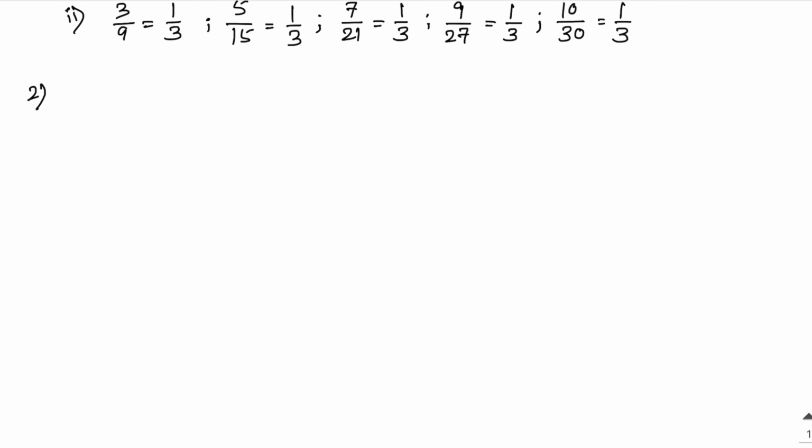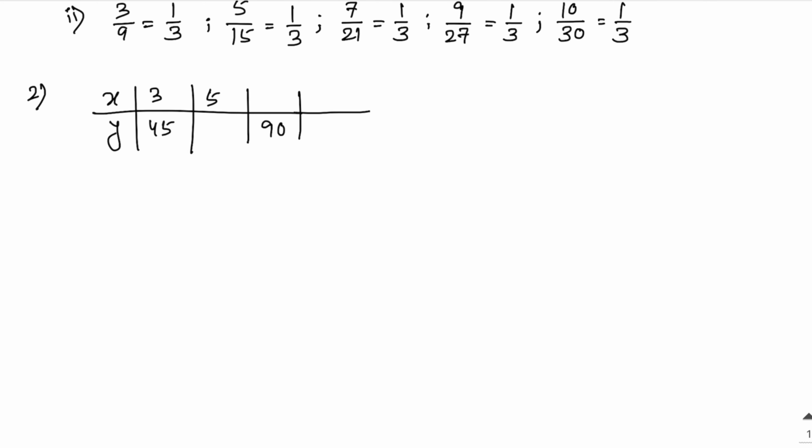In sum number 2, x and y are in direct variation. Complete the tables. So here x is 3, 5, and y is 45, 90, 120, and then here it's 10. Now you have to fill the gaps.